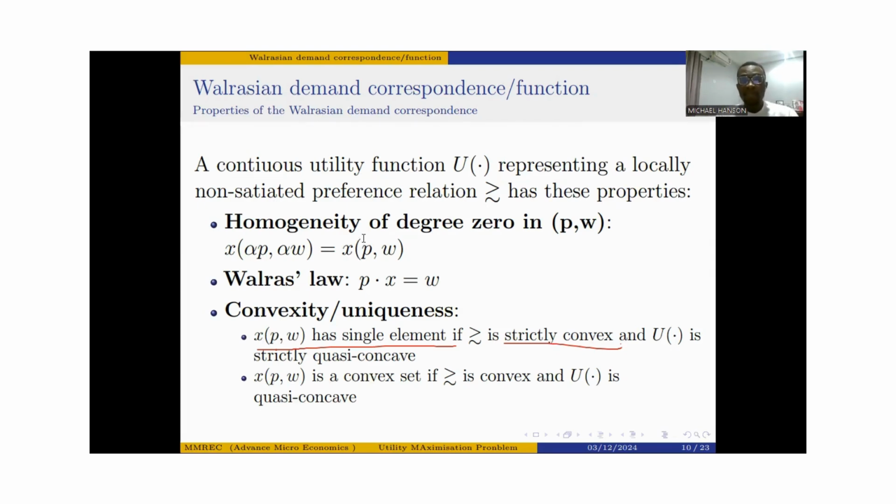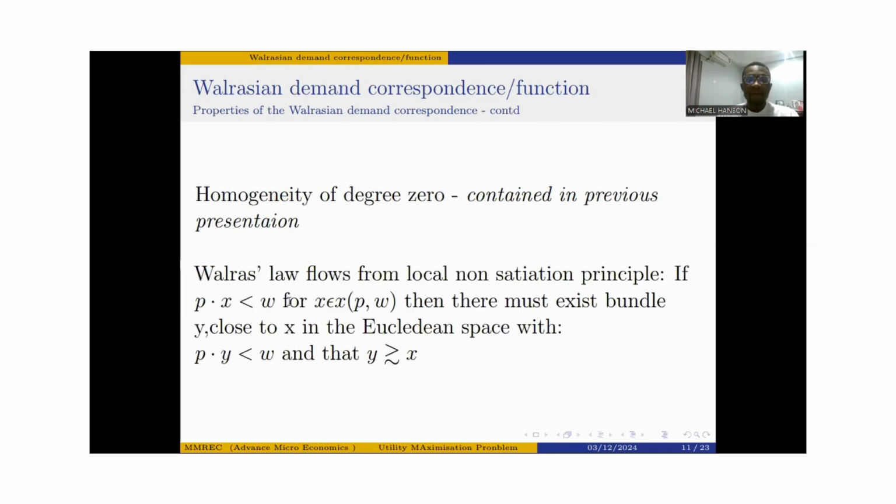So usually by the assumptions, the Walrasian demand correspondence, as we know, is homogeneous of degree 0, and it obeys the Walras' law. So we've said that over and over. Great. So just as we also said, Walras' law, the last assumption, says that there has to be non-satiation. The consumer would always have to yearn for more. And that means that when your expenditure is less than your wealth, Walras' law says that there should be a pressure on you to spend all your resources.